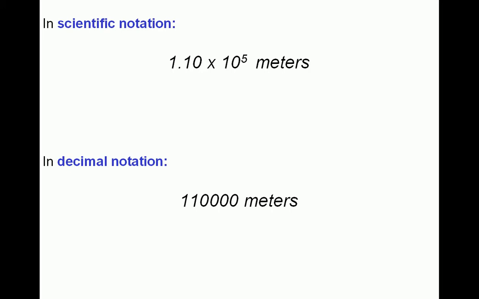So we can express very big numbers and very small numbers in scientific notation. So here is the number 110,000 in decimal notation, and here it is expressed in scientific notation. And you can see there's much less likely to be an error when we write it in this way. So our scientific notation includes a coefficient, which is always a number with 1 digit to the left of the decimal point.